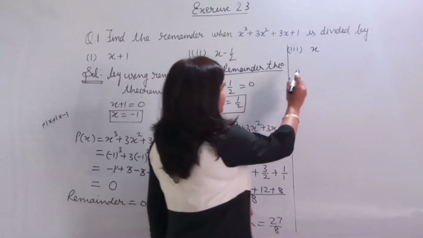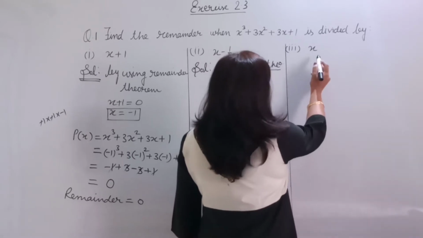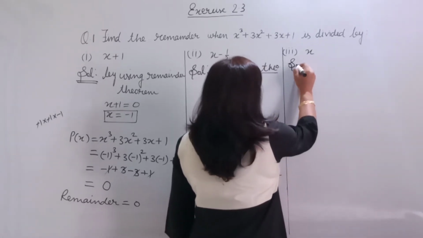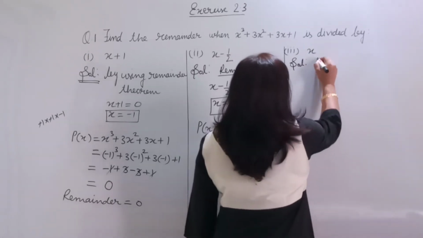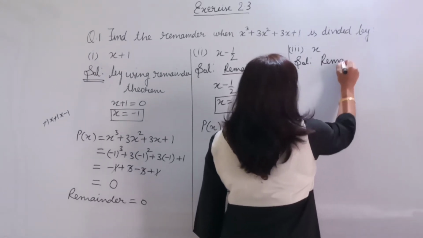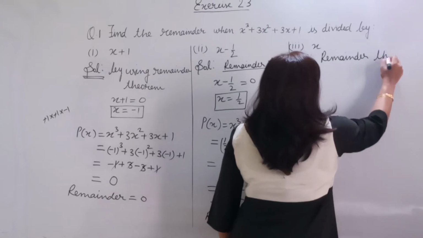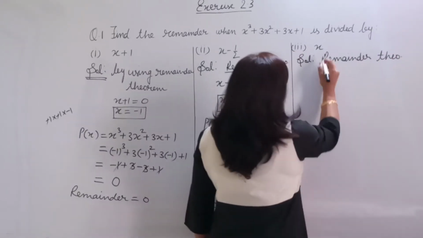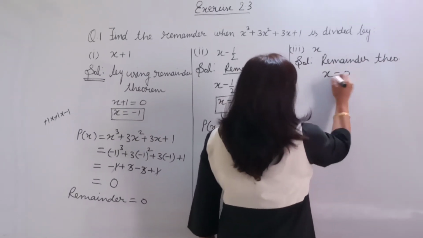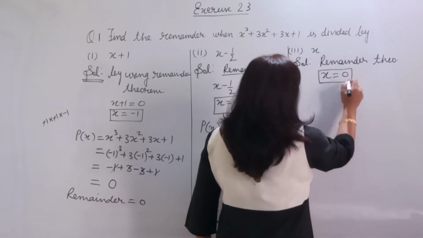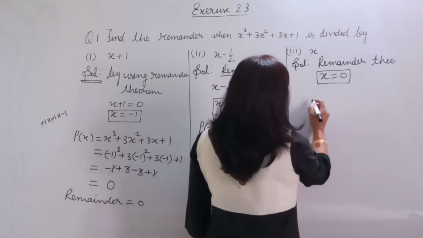Now we will move on to the third part. Our third part is x. Now we will start the solution. So according to the remainder theorem, x is equal to 0. So the value of x is equal to 0.